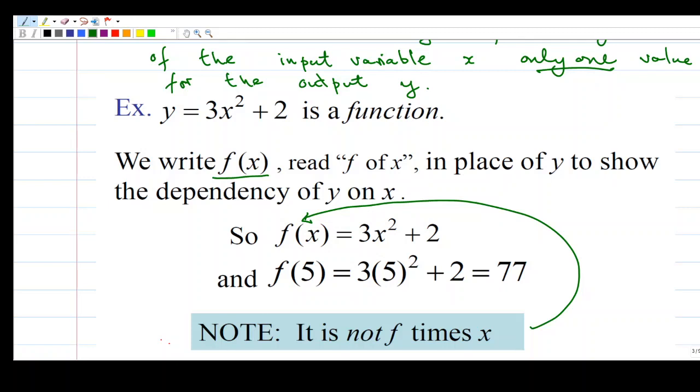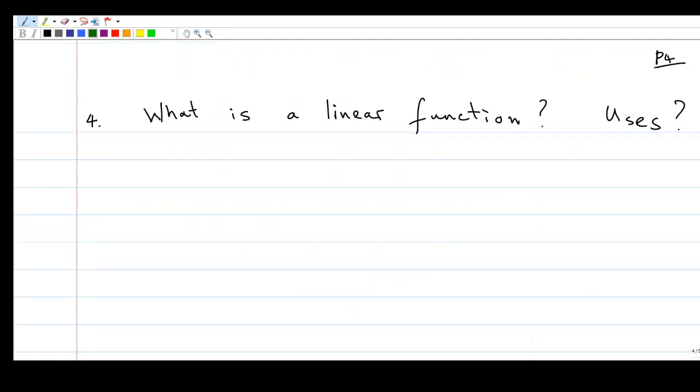We now move on to page 4, question number 4. Right? What is a linear function, and what are the uses of linear functions? So we're looking at what is a linear function and its uses.